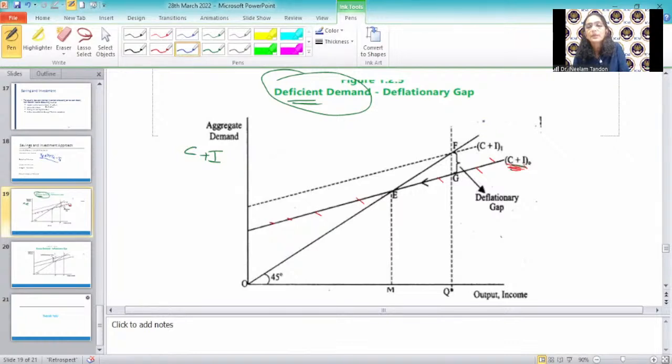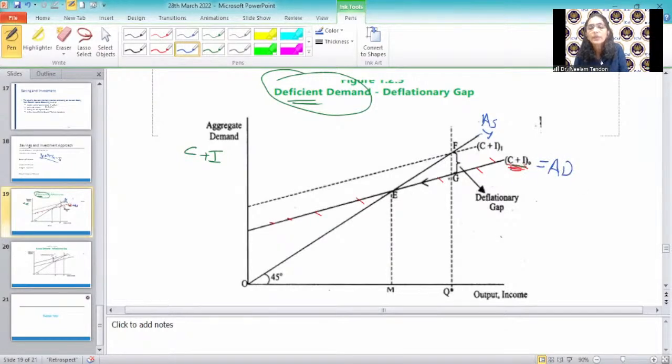This one is aggregate supply. Okay, so this is aggregate supply or Y, and this is aggregate demand.